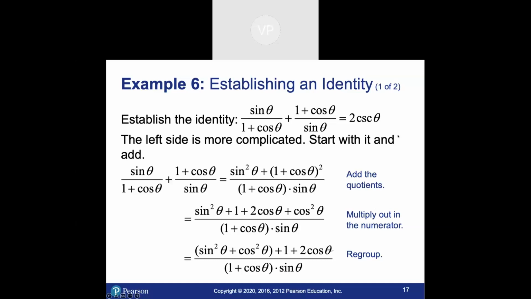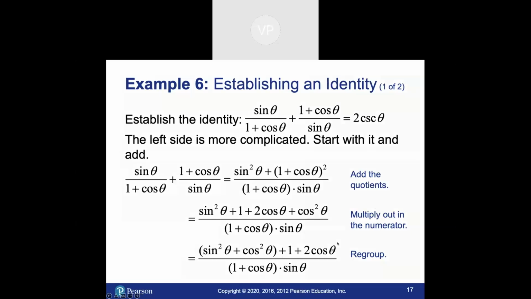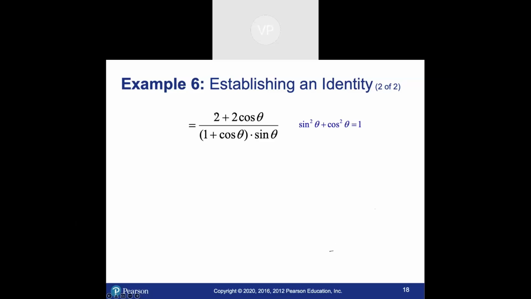Then, because of the identity that sine square plus cosine square is 1, think of this parenthesis as replaced with a 1, and then we have another 1 and a 2 cosine theta. That's how this ended up right here. So the parenthesis that was sine square plus cosine square became a 1. The 1 plus 1 gave me this 2, and then we left the 2 cosine there.